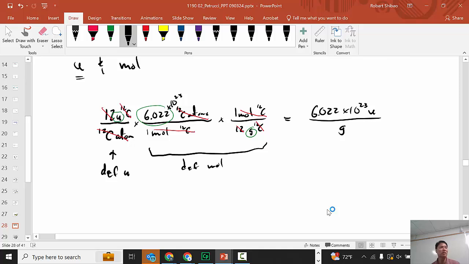Have you seen this conversion factor? No, you don't, because they invert it. Take 6.022 times 10 to the 23rd and flip it upside down, and we get that 1 U is equivalent to 1.6605 times 10 to the minus 24 grams.